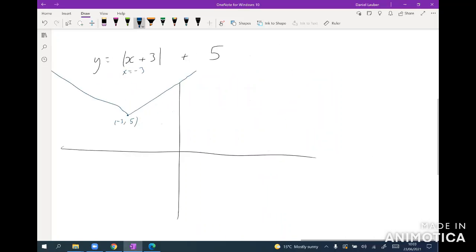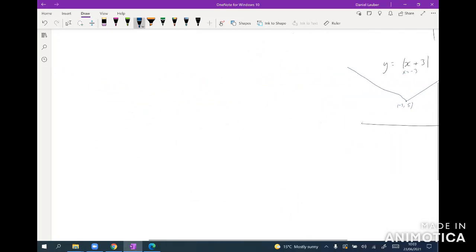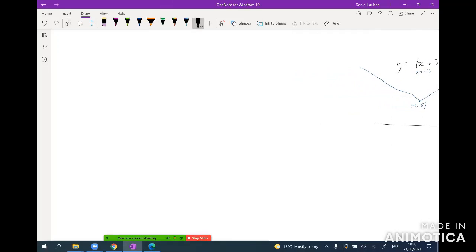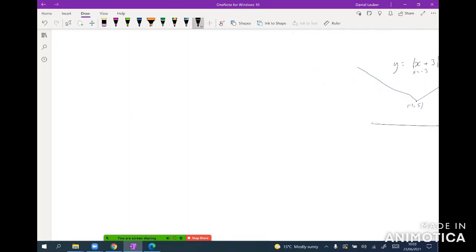Okay, then there's one more type of modulus graph that I want to mention that's particularly nasty, much harder to sketch, but to be honest, it's worth knowing.